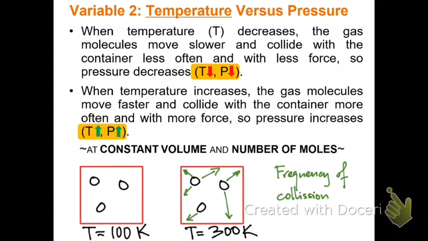So the frequency of collision here is higher.